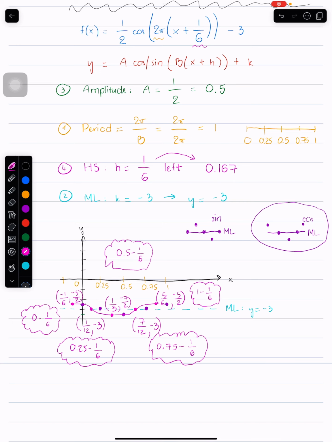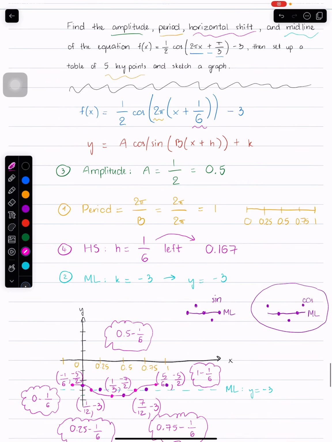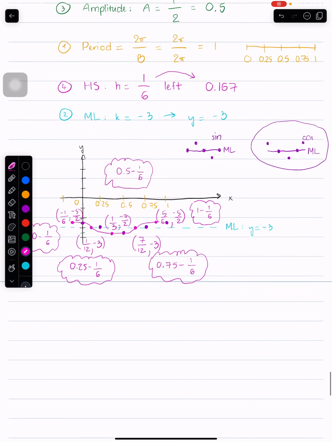Okay, and what I want you to do, for the sake of the 5 points, is lay them down as a table, okay? So X, Y, I need you to put all the points from left to right. The first point is negative 1 over 6. Let me just put it as a fraction to make it more beautiful, I guess.